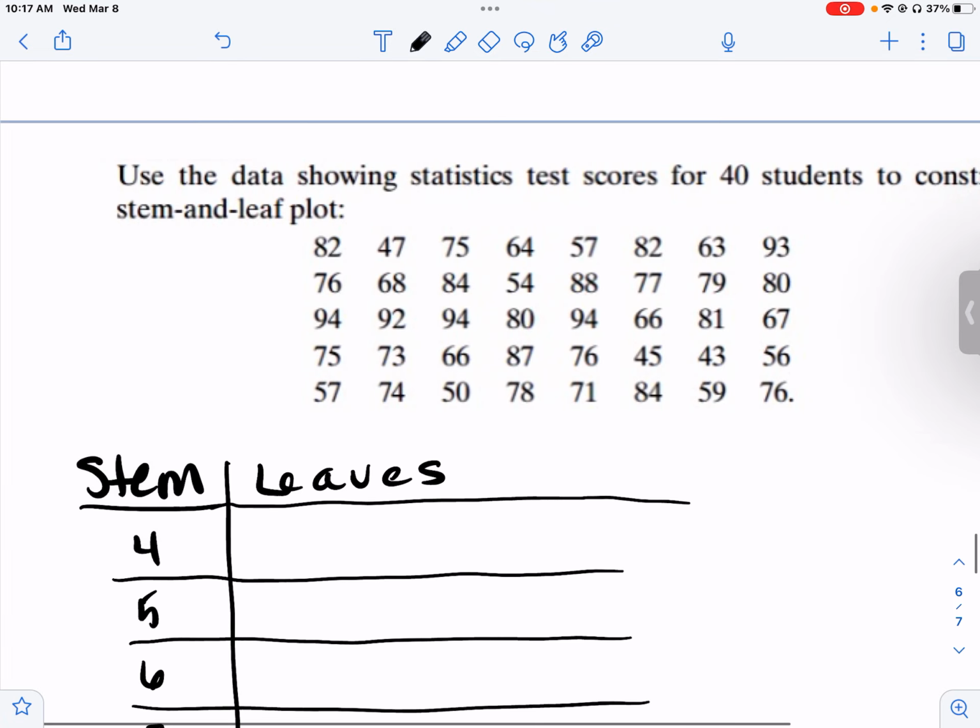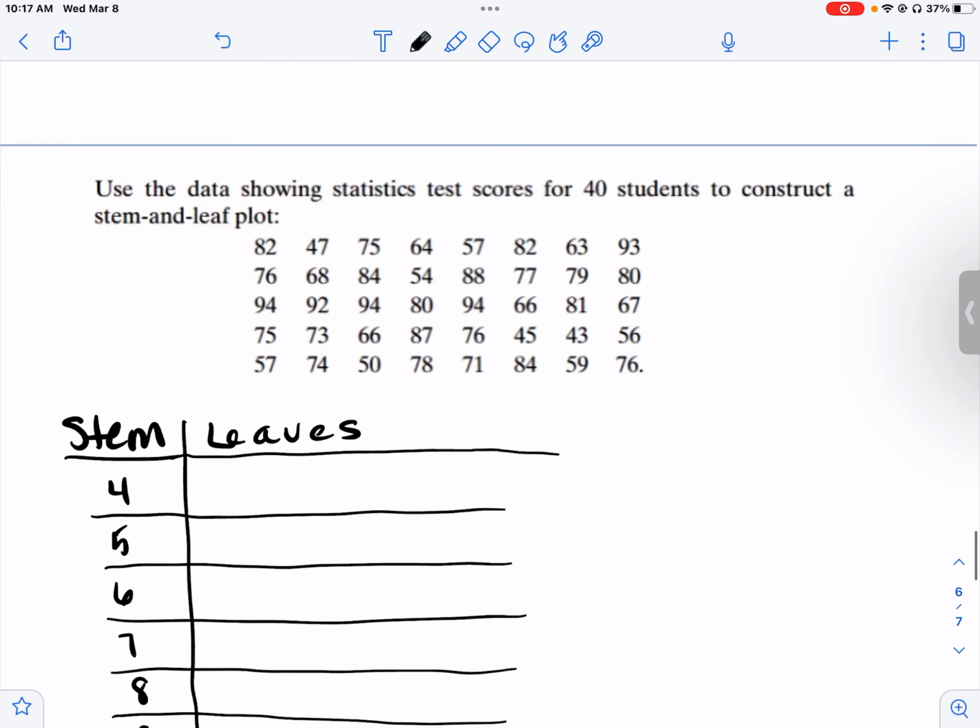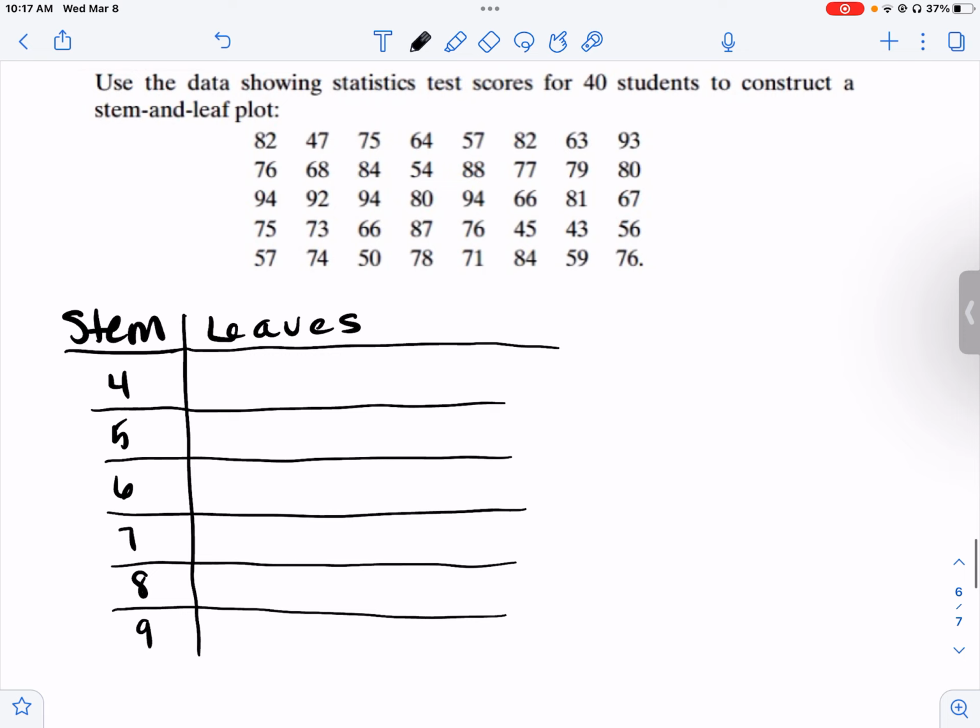Now, let's go back to our stem and leaf. We're going to go through and write down the first digit, like the tens place, which is called your stems. The numbers went from 40 to 90, and the leaves are going to be the ones digits. So I'm going to go in order.